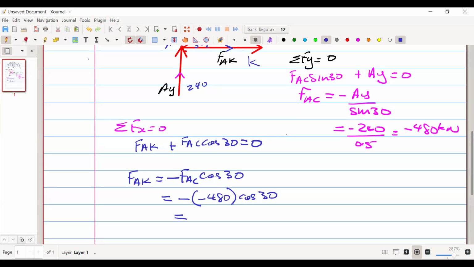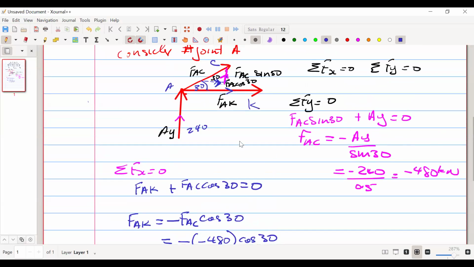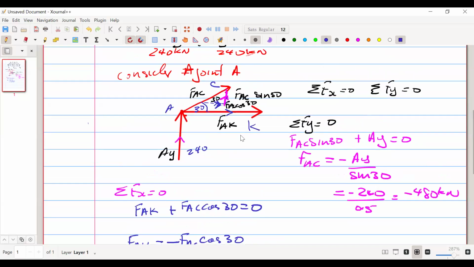Cos 30, we know as a standard, 0.866 times 480. I just chose some value. And so this would be 415.7 newtons. And that is just demonstrating that you take joint by joint.